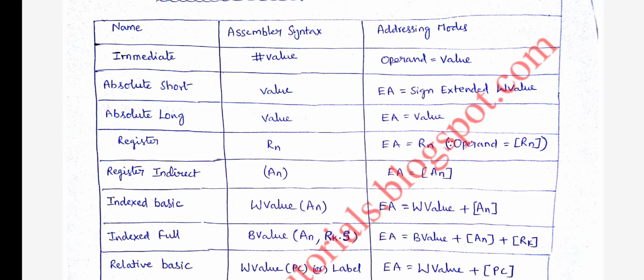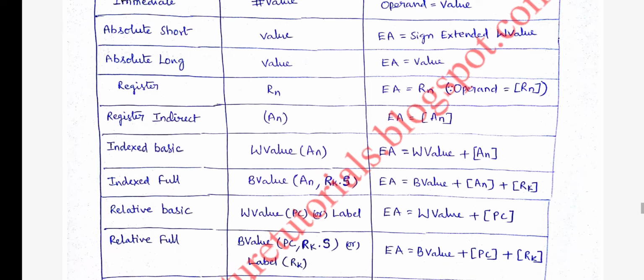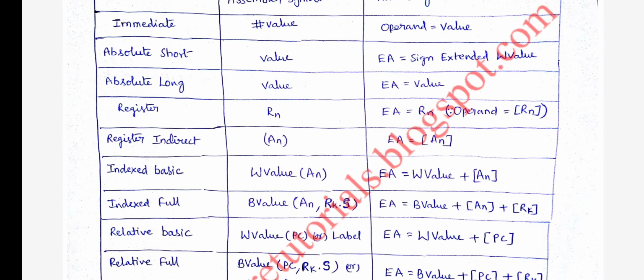Next, absolute short: value, effective address is equal to sign extended value. Absolute long: value, effective address is equal to value.